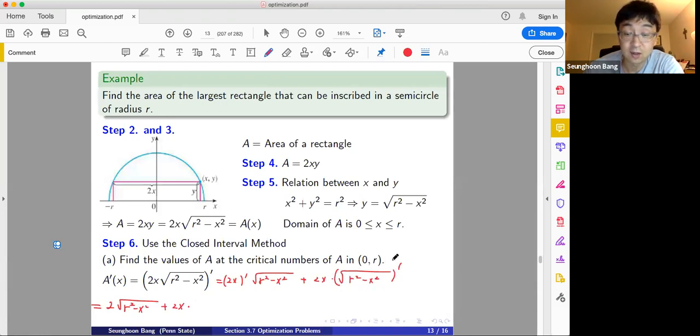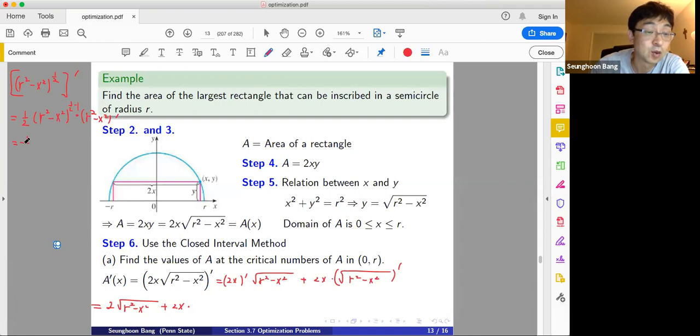I can calculate the second part separately. Write (r squared minus x squared) to the power 1/2, prime. You can use the chain rule: 1/2 comes down, inner function (r squared minus x squared) to the power 1/2 minus 1, times the derivative of the inner function r squared minus x squared.